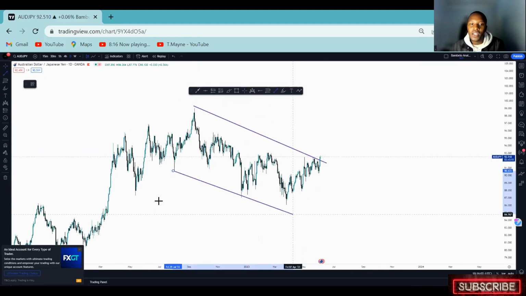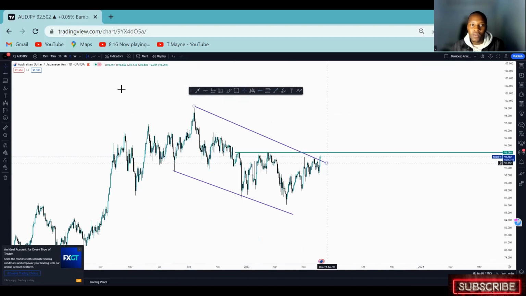Impulse move, correction. But we need to put an eye on this level over there, because as you can see, we have rejected it 3 times. You can also see that we have been trending higher, in higher highs and higher lows.